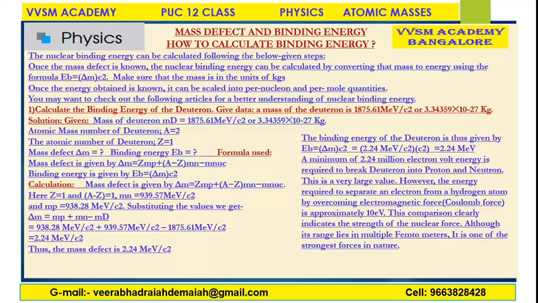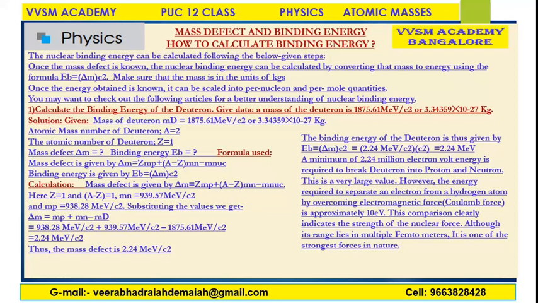Let us calculate the binding energy using a problem that may come in the examination. The problem will be like this: calculate the binding energy of the deuteron. Given data: the mass of the deuteron is 1875.61 MeV per c squared.